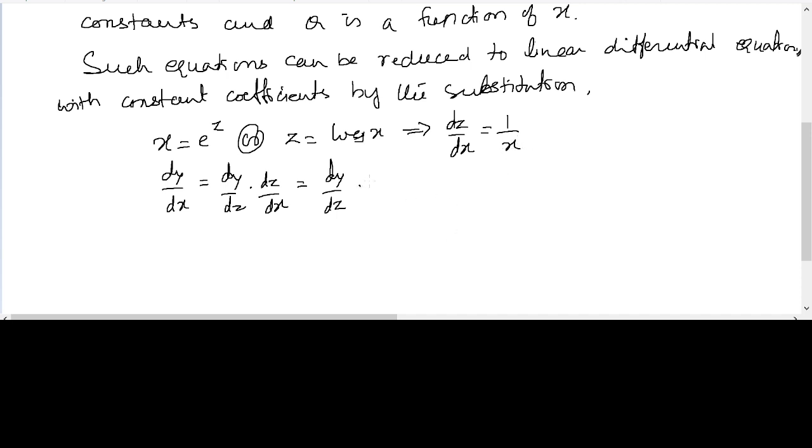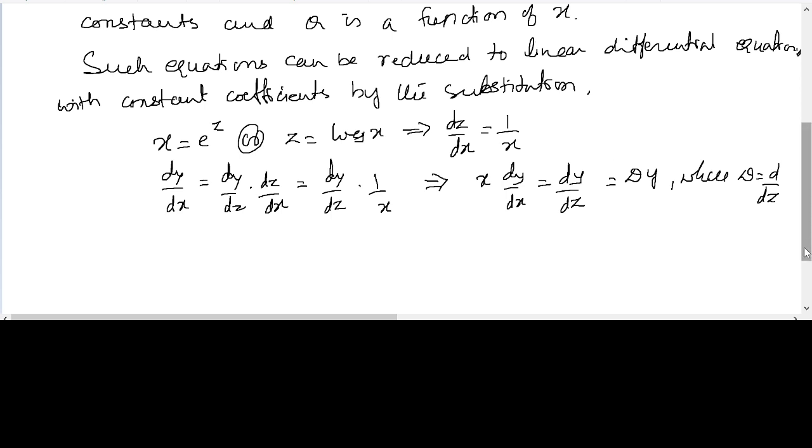So this 1 by x we write in place of dz by dx. Now by cross multiplication we get x into dy by dx is equal to dy by dz, and this can be taken as Dy, where D is given by d by dz. This is the substitution for x into dy by dx.